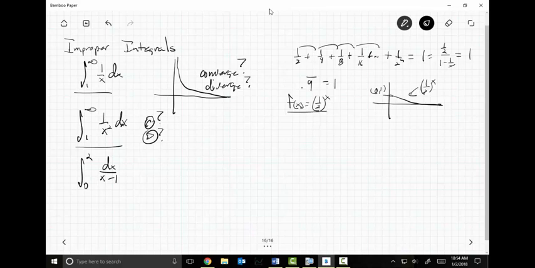So let's do this one right now. We're going to take the integral from 0 to infinity of 1/2 to the x dx. Now, this is very technical insofar as you need good technique with this. Theoretically, you are not allowed to talk about infinity as though it were a number. You're not allowed to do that, mathematically speaking.